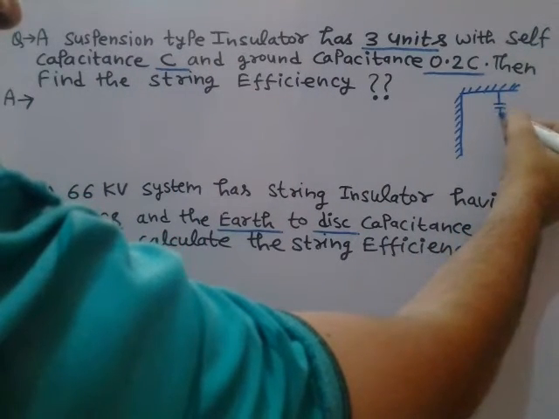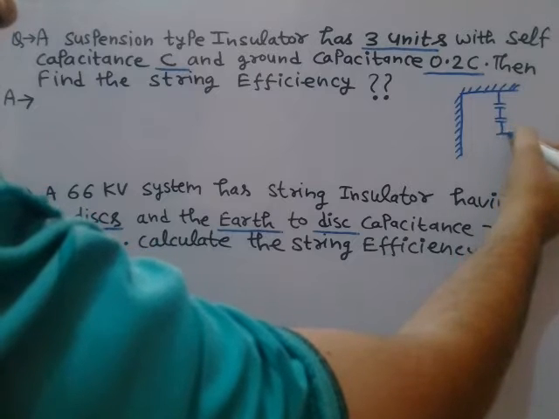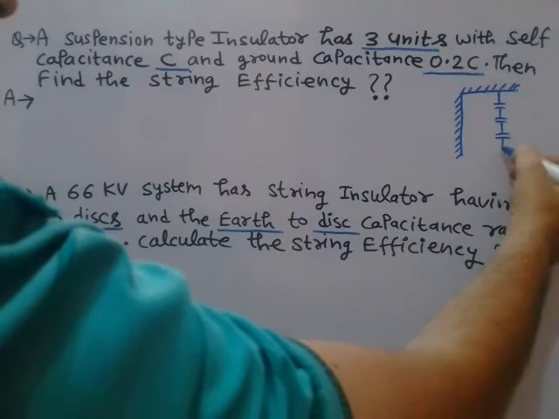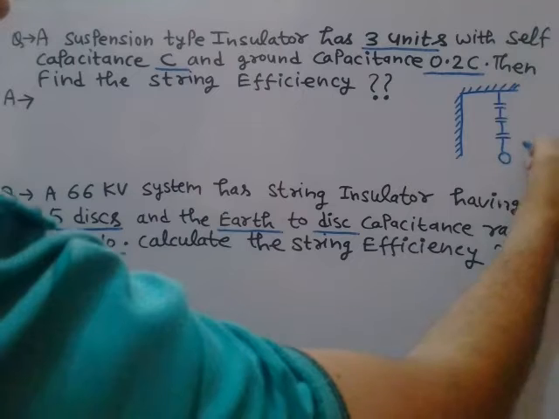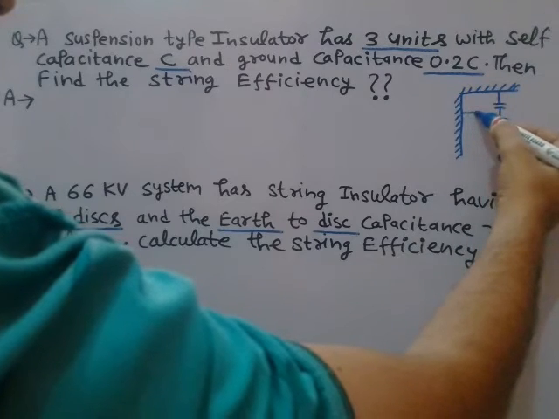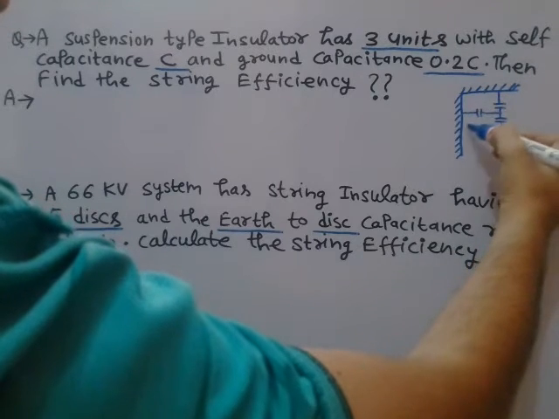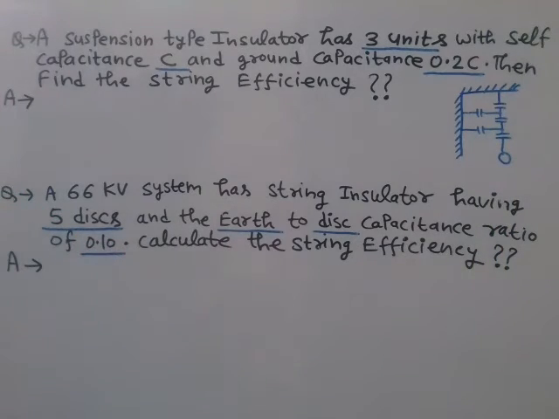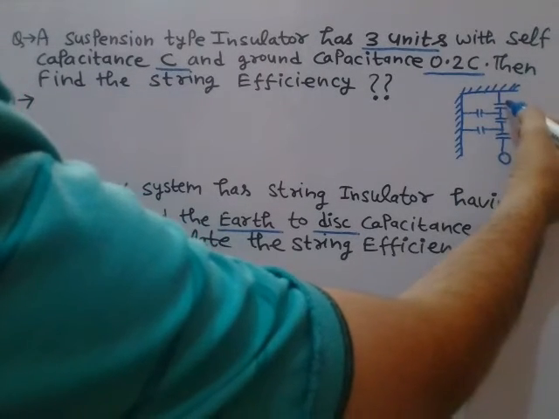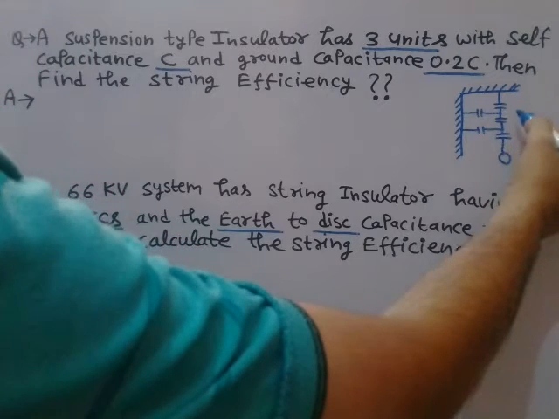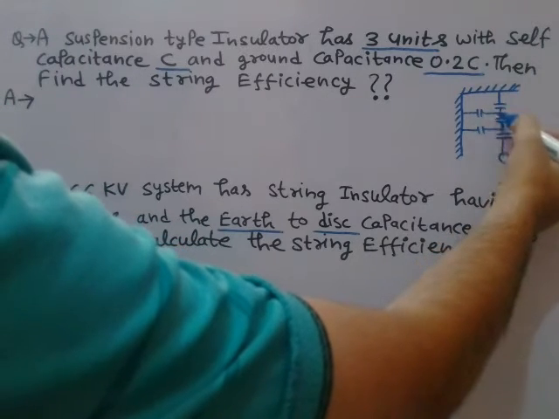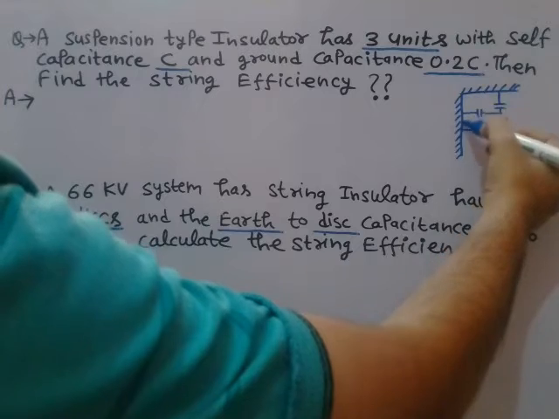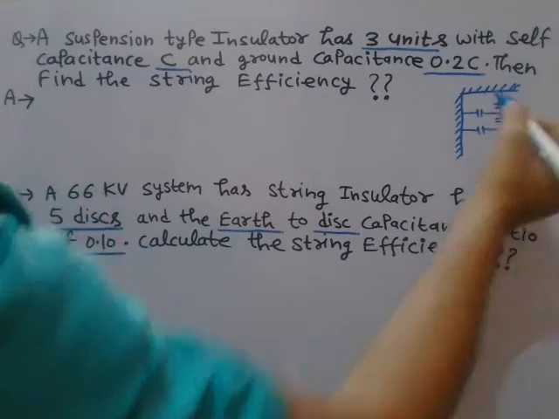So this is the first unit, this is the second unit, and this is the third unit, and here you will have a power conductor. This is the capacitance from the tower body to the metallic junction.